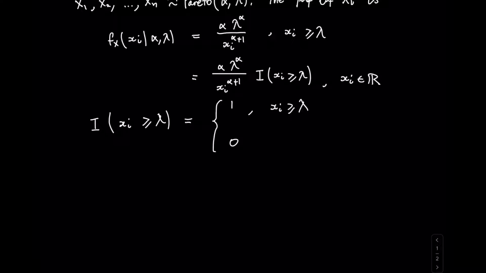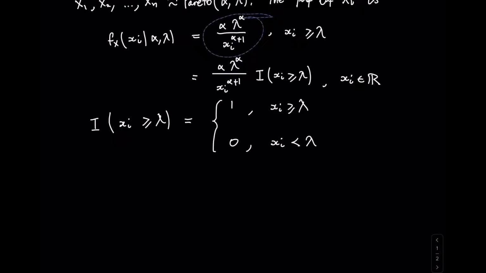By virtue of that, it takes 0 when the statement is false. In other words, it will take 0 when xi is less than lambda. By virtue of how this definition works, this PDF here is equivalent to the PDF above that we have.